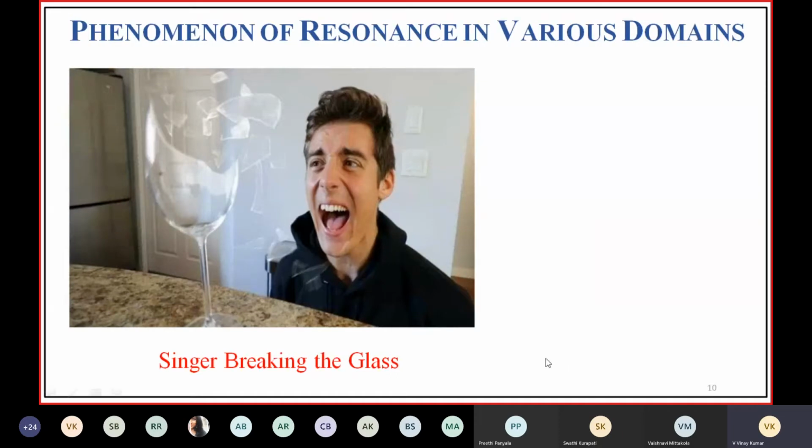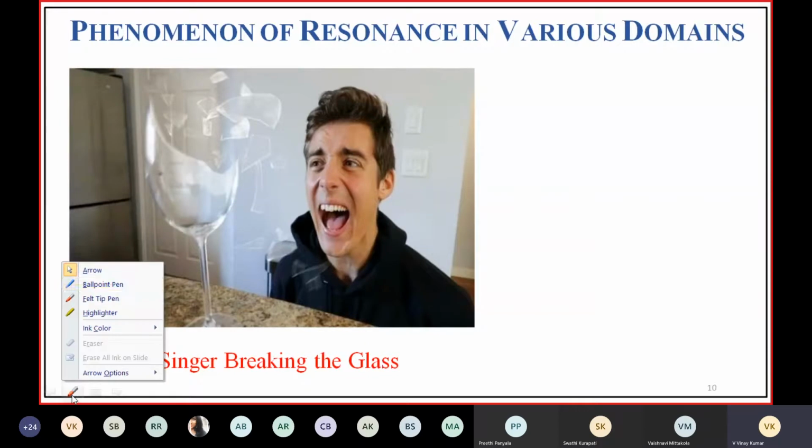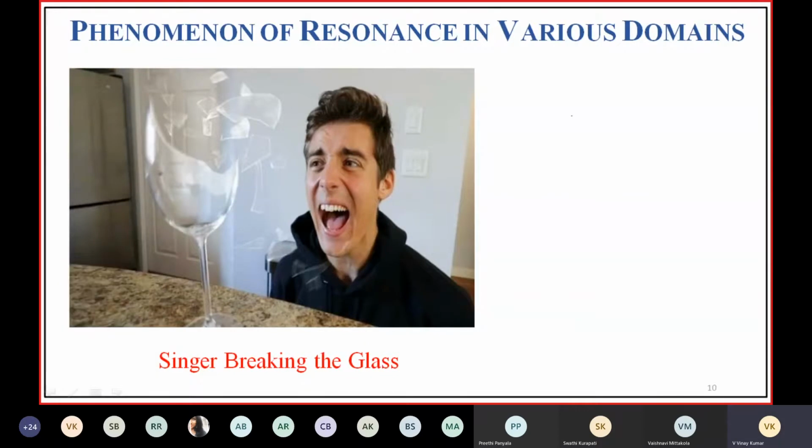Okay. So here, this is a wine glass. If you produce sound waves near this wine glass, it vibrates.